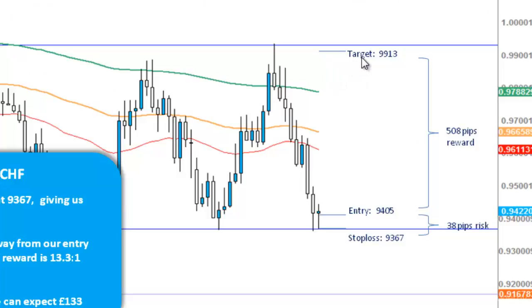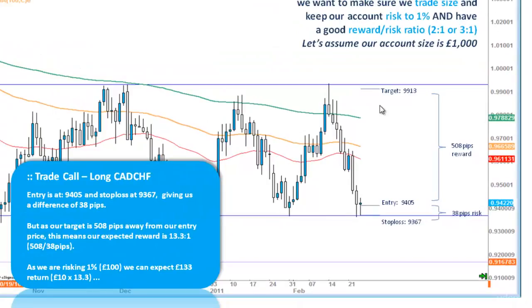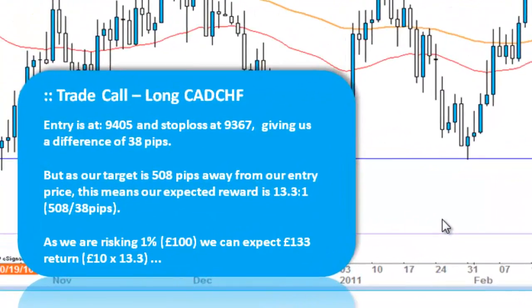So whilst we've got 508 pips projected reward here, and only 38 pips between our entry and our stop loss, we could divide 508 by 38, giving us a reward to risk of 13.3 to 1, which is a fantastic reward to risk. And this is the kind of profile which we typically look to get, providing the market actually gives it to us.